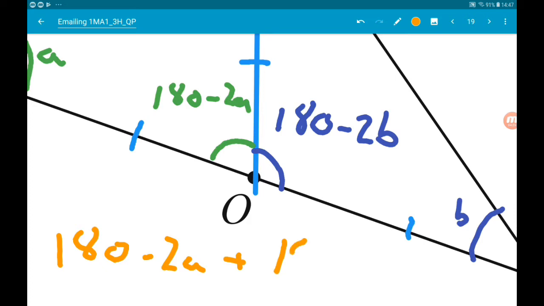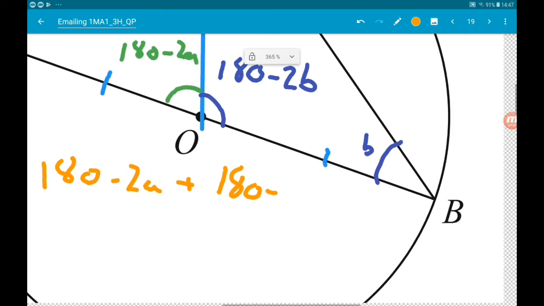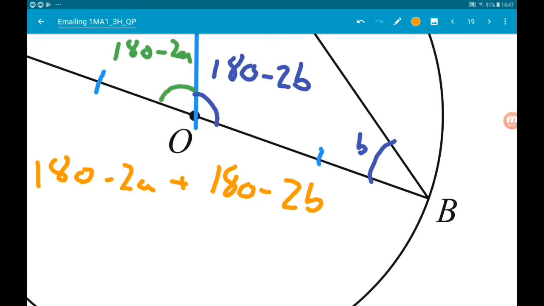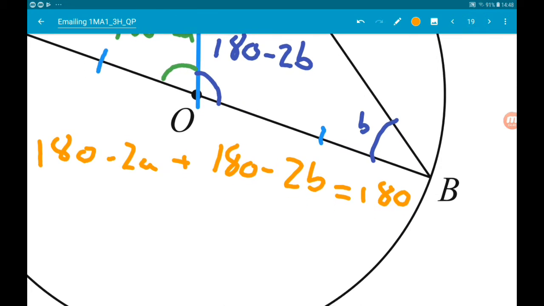add 180 minus 2B. Well, we know that that is equal to 180. Now, if we sharpen that up, we can say that 360 minus 2 lots of A minus 2B is equal to 180.